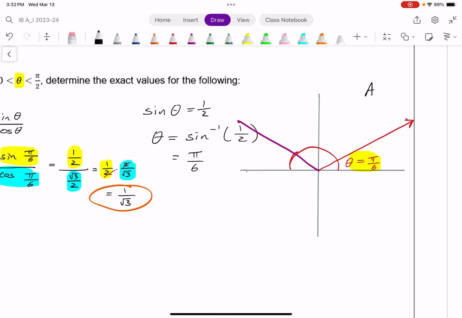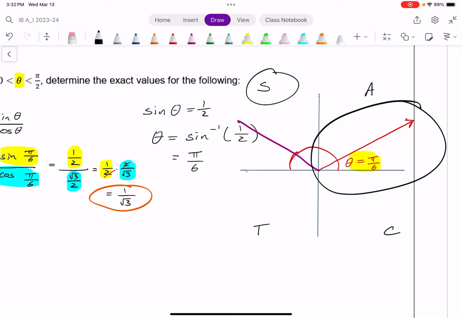All trigonometric functions are positive in the first quadrant, only sine is positive in the second quadrant, only tangent is positive in the third quadrant, and only cosine is positive in the fourth quadrant. So because I'm looking in the second quadrant and only sine is positive, I know I'm going to have a negative value for tangent. Other than that, it'll be the same value that I have over here, but negative.